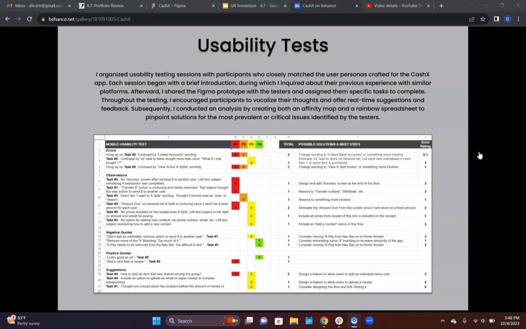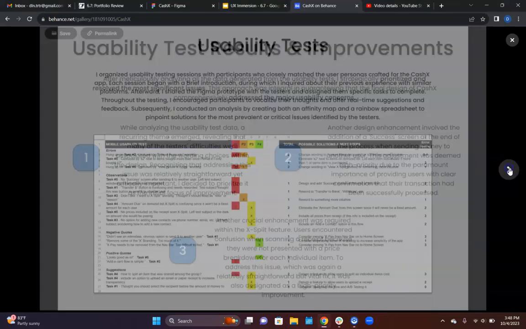I then shared the Figma prototype with the testers and asked them to complete specific tasks while thinking out loud, vocalizing their thoughts, and offering any real-time suggestions and feedback on things they thought we might be able to improve. After the usability tests, I was able to put together this rainbow spreadsheet to help synthesize all of that data from the tests.